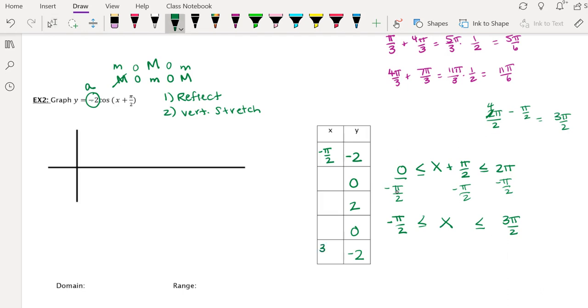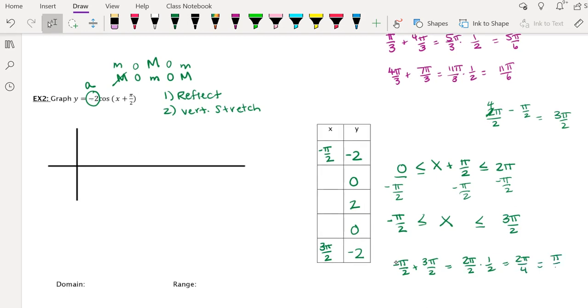So 3 pi over 2 is when I go back down to a minimum. Now what's halfway between negative pi over 2 and positive 3 pi over 2? Negative pi over 2 plus 3 pi over 2 is equal to 2 pi over 2, times a half, and we get 2 pi over 4, which is a half pi.